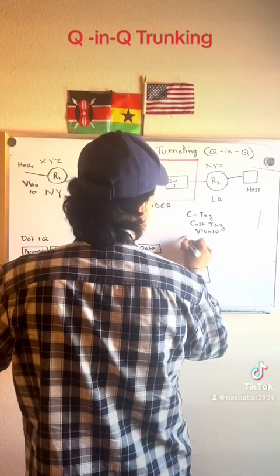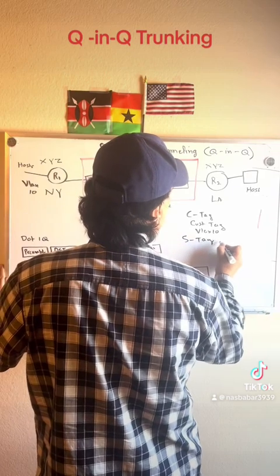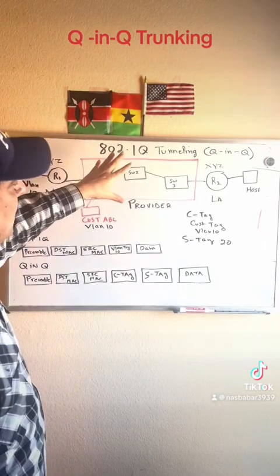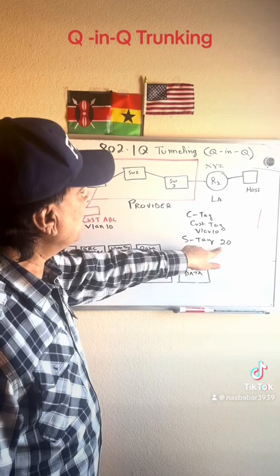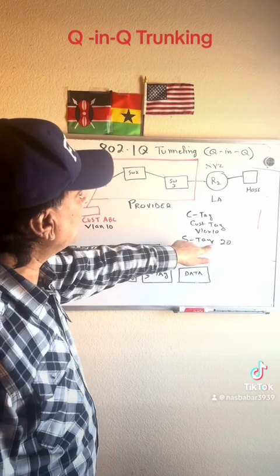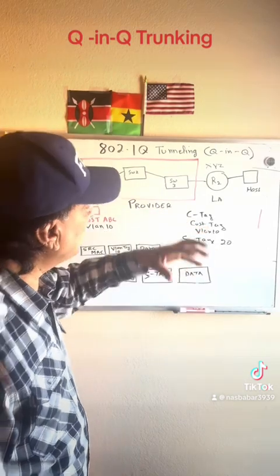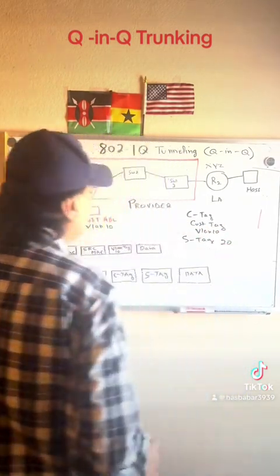It's known as S tag. For example, they will add an S tag of 20. Within their network, when the packet comes, the only thing they're seeing is the S tag, and VLAN 10, which is the customer tag, is hidden under the S tag. And I'll explain why.